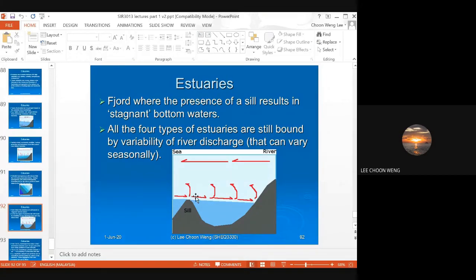These fjords are well studied because of the stagnant water here. It is now known that a lot of anaerobic processes occur in these waters. It's well studied because it's interesting from the point of view of anaerobes.